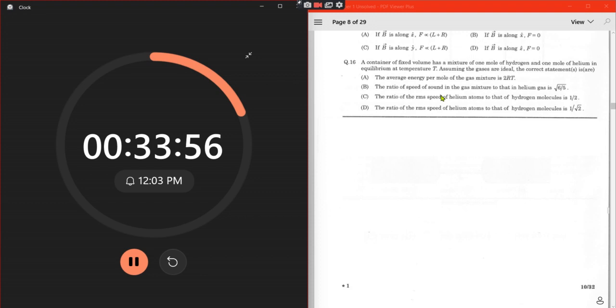Right, question क्या हो रहा है? Take the natural log: dP upon P plus gamma dV upon V is equal to 0. So what you want is the total pressure, right? P is proportional to N, of course.